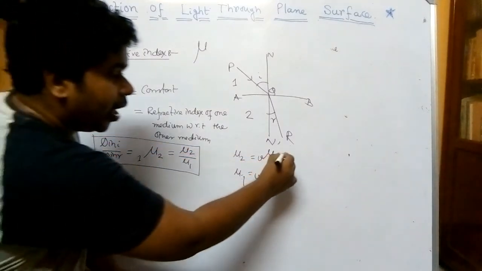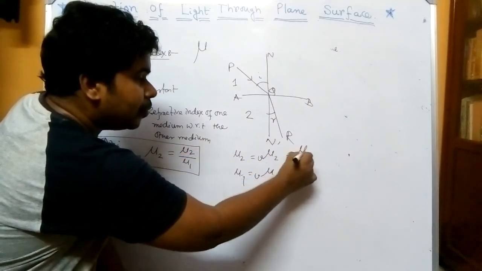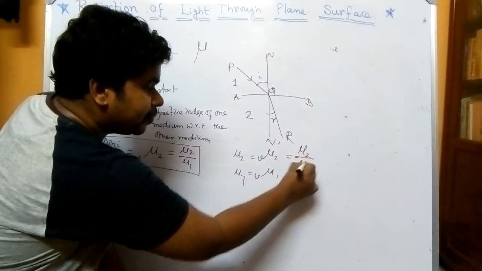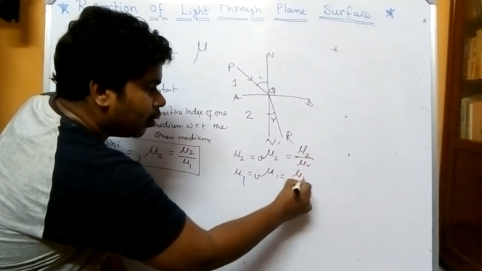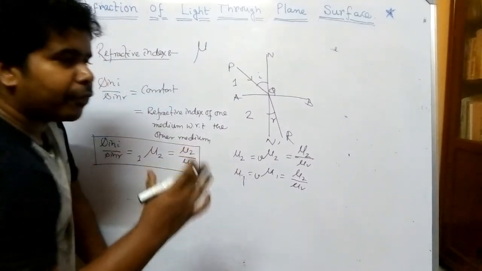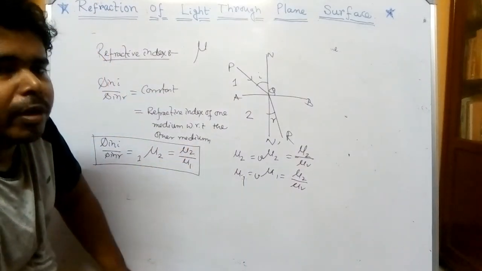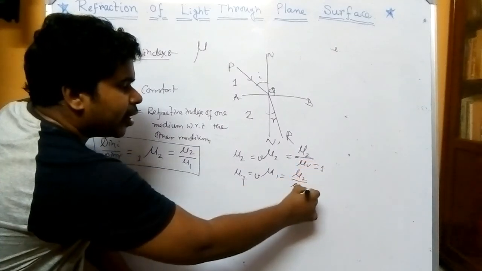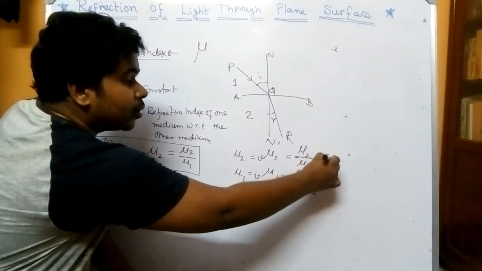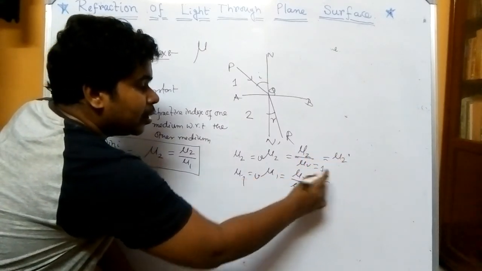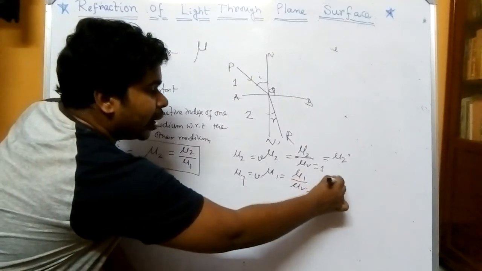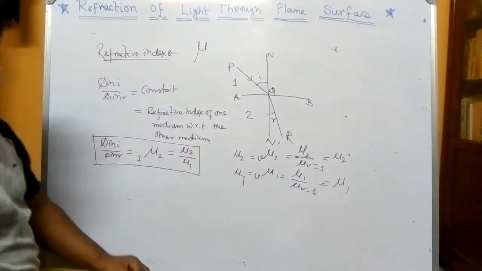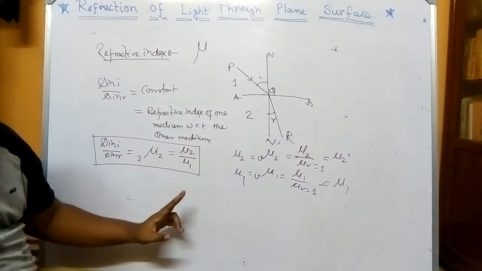So as we have written it, μ2 by μv, we have taken the refractive index of vacuum as 1. Refractive index of vacuum is 1. So that's why we have written directly μ2 or μ1.